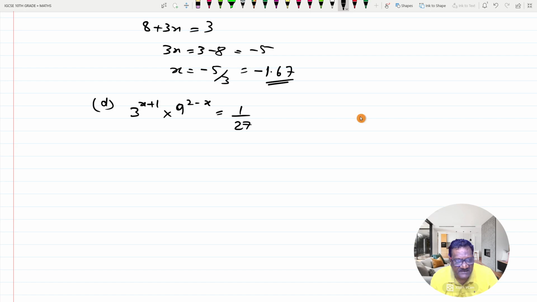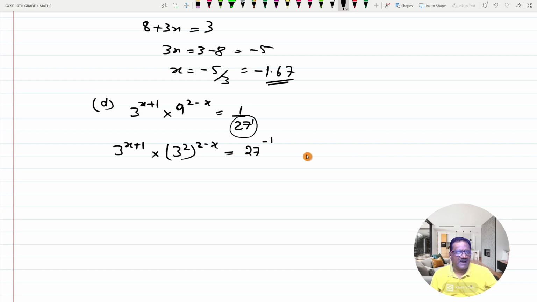Fine. So what all thing we can do? First I'm going to write this as it is. Then this 9 I'm going to write as 3 square, and I'll raise it to 2 minus x. And this 1 upon 27, this is 27 raised to 1. So this, if I take in the numerator, it will become 27 raised to minus 1, right?